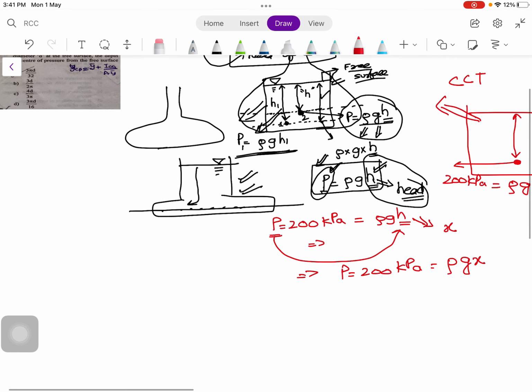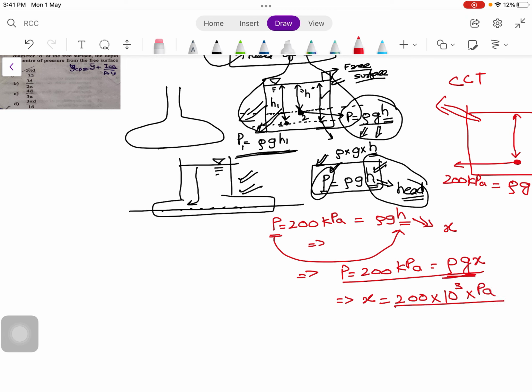All right, so we can solve this simple equation to find the value of X, and that would be 200 times 10 to the power 3 Pascal upon rho g. Here g is 9.81 meter per second square.